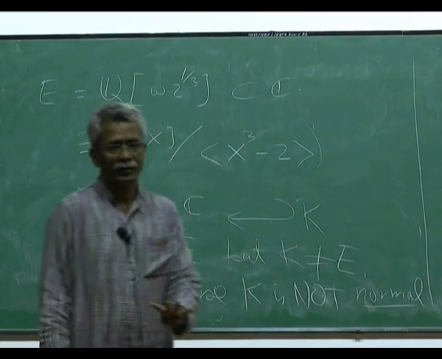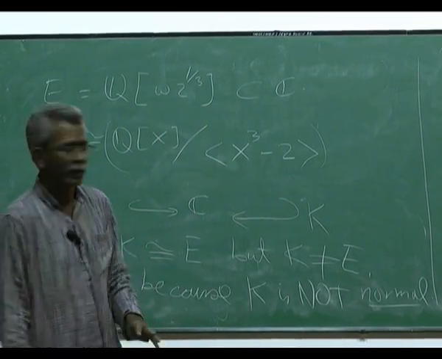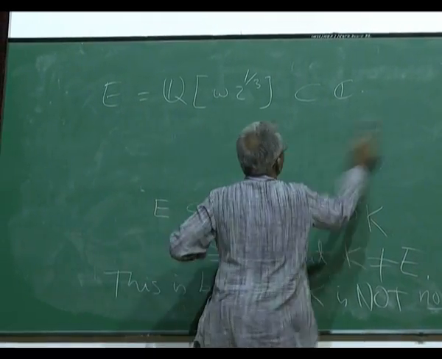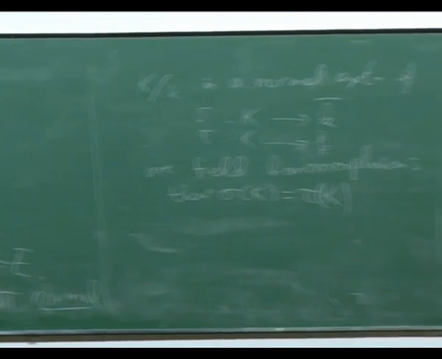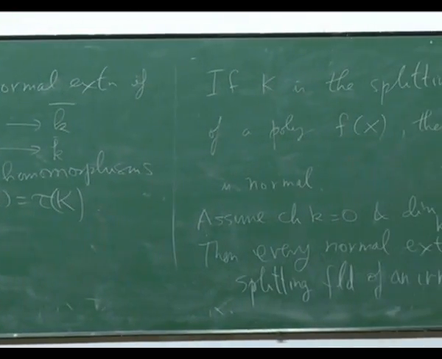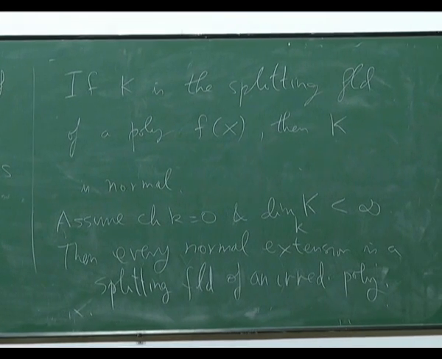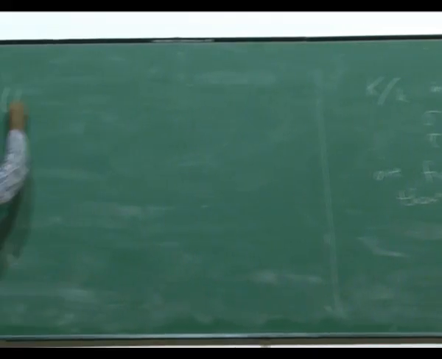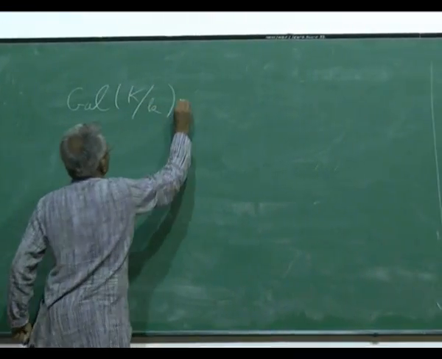Normal extension is a basic thing that we would like to work with, and the reason why we want to work with normal extensions is the following. Yes, I have still not formally defined the Galois group, maybe I should say. So, the Galois group of capital K over small k, I said that but did not write it.